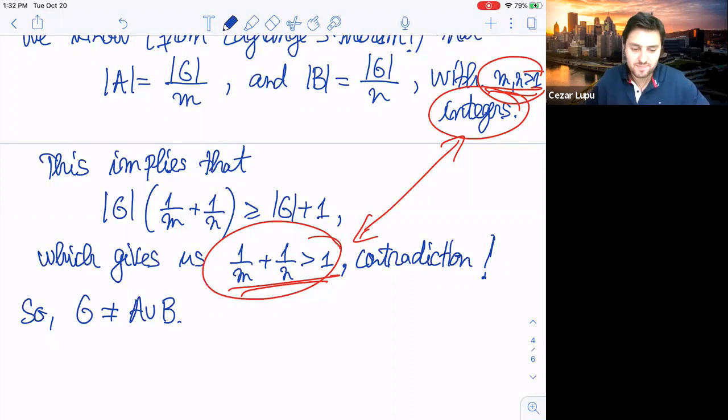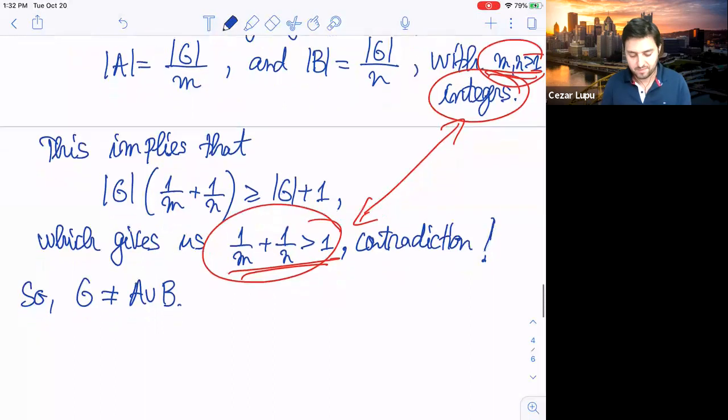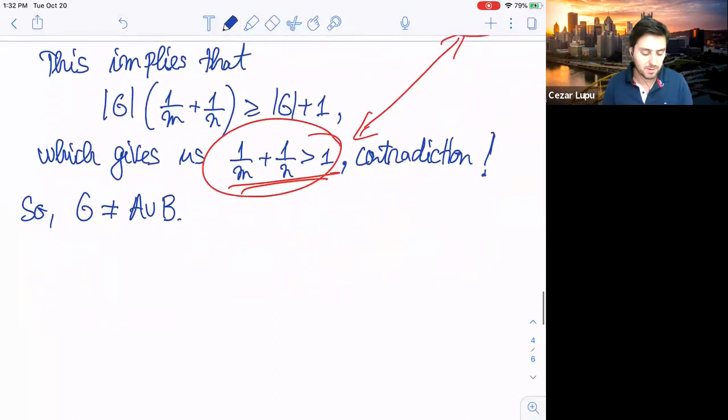So give me an example of a group G and 3 subgroups such that their union is G. What would be that group? It's a trick. This part is tricky. I agree.